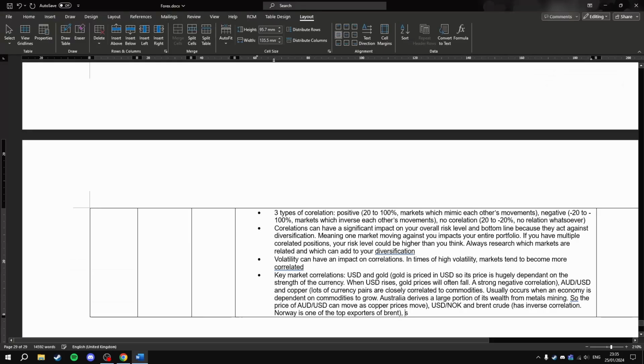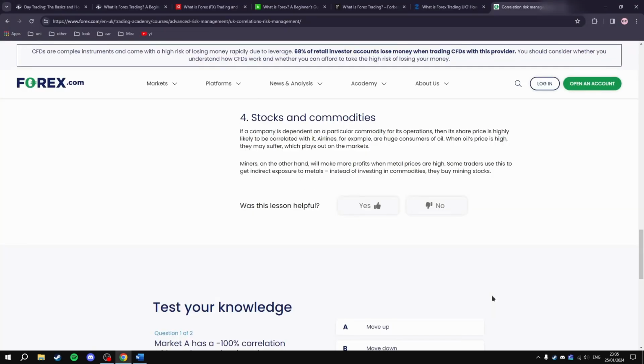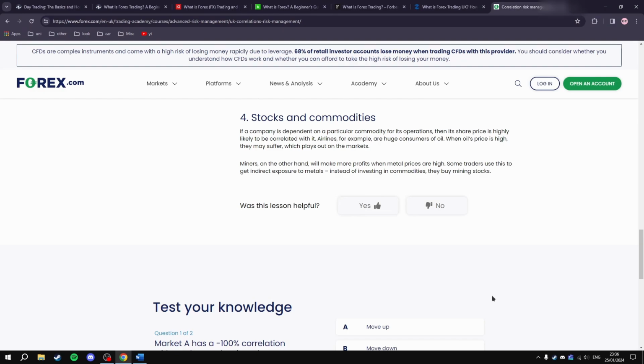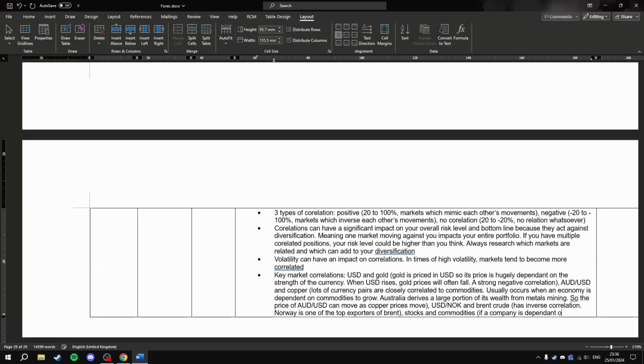Stocks and commodities. If a company is dependent on a particular commodity for its operations, then its share price is highly likely to be correlated.